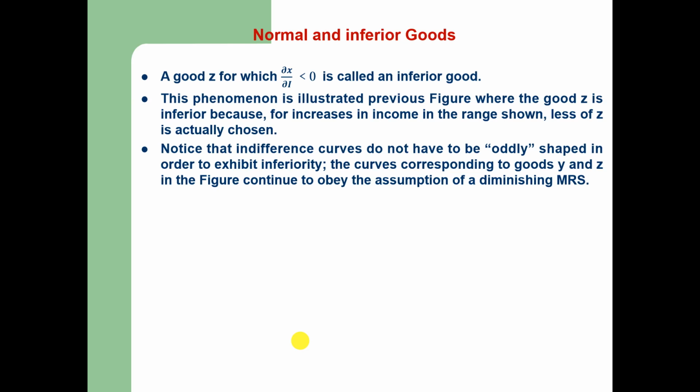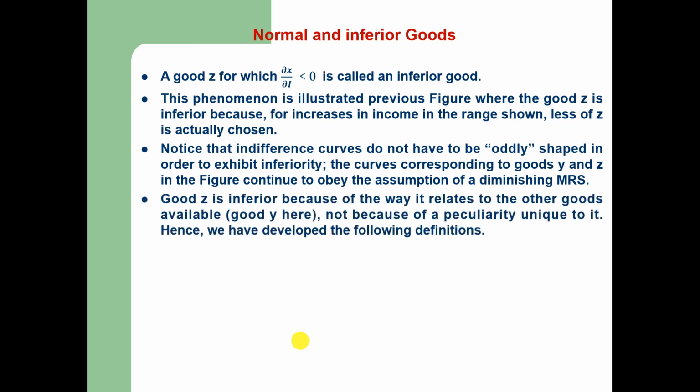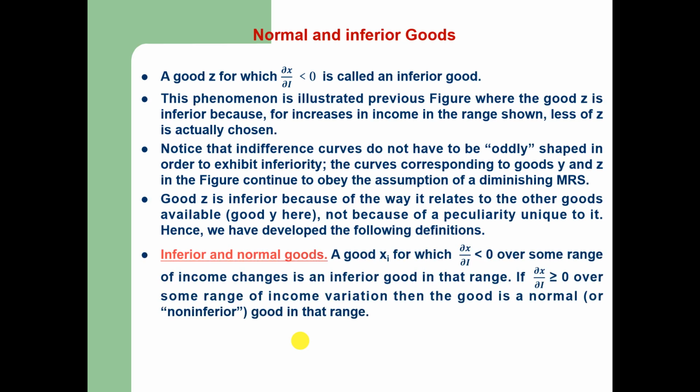The curves corresponding to goods Y and Z in the previous figure continue to obey the assumption of a diminishing marginal rate of substitution. Good Z is inferior because of the way it relates to the other goods available, that is good Y, not because of a peculiarity unique to it.